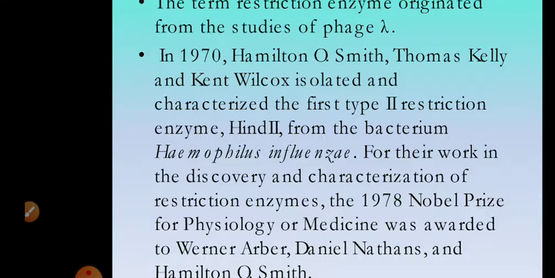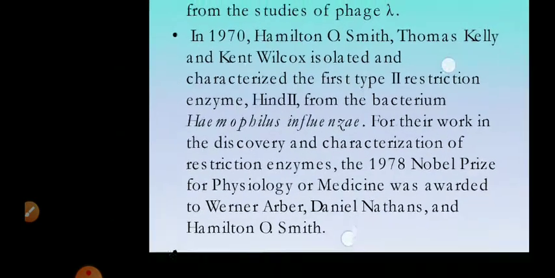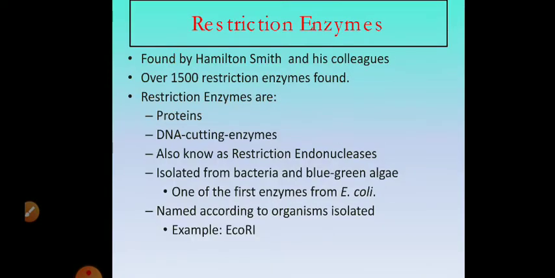For their work in the discovery and characterization of restriction enzymes, in 1978 the Nobel Prize for Physiology and Medicine was awarded to Werner Arber, Daniel Nathans and Hamilton Smith. So they won the Nobel Prize for this.